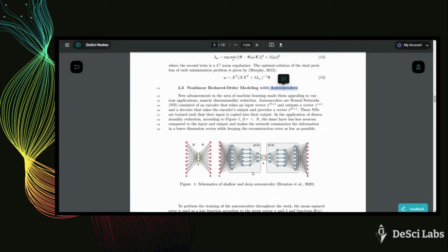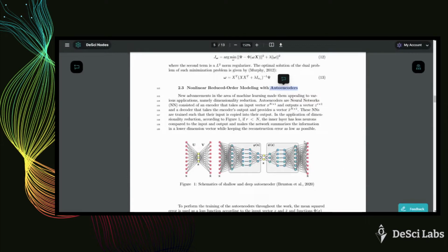We are training this network such that after compressing and decompressing, we copy the same thing in the output as the input.